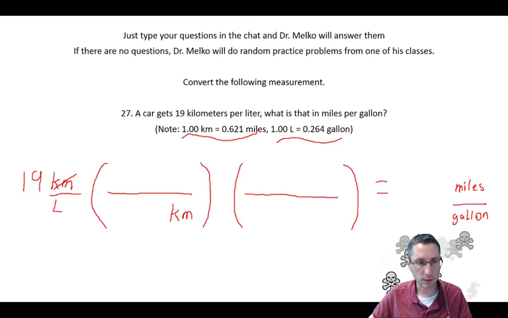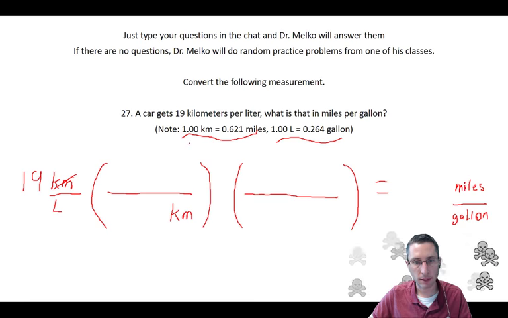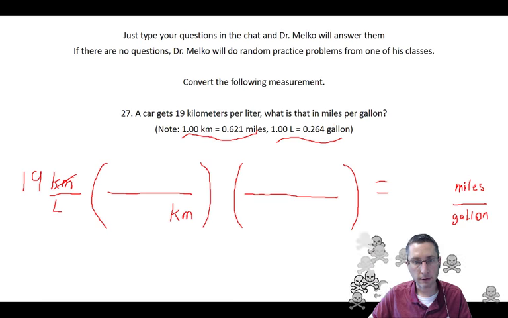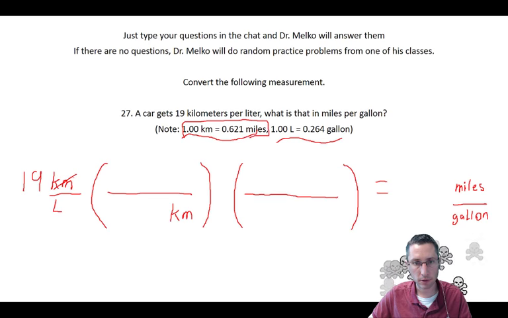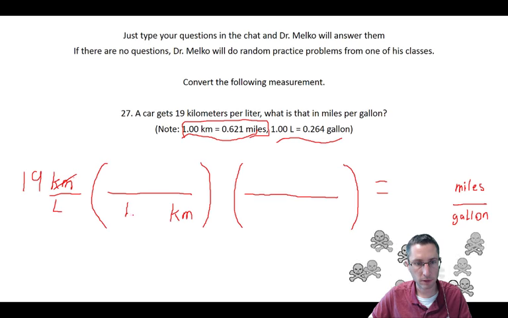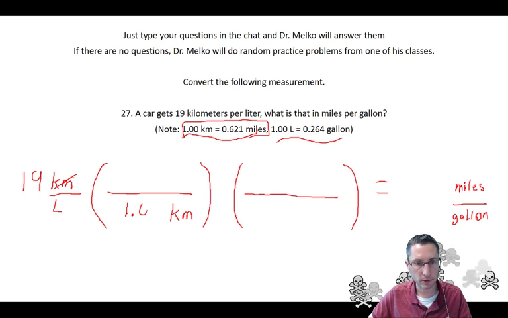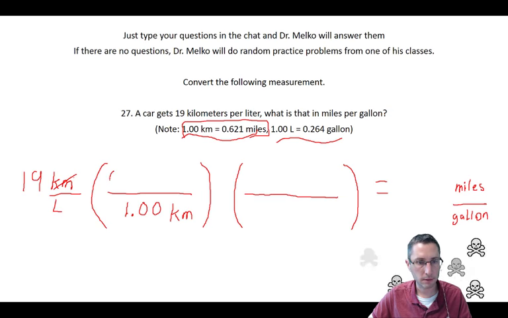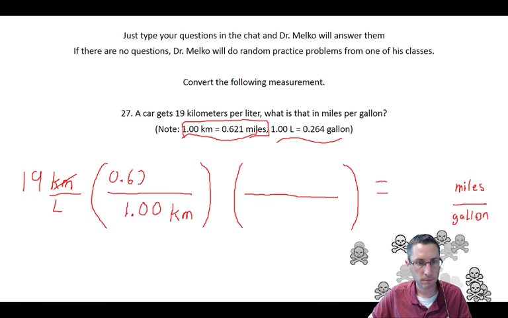So that's step one: I'm just going to try to get rid of kilometers. What in my unit equations relates kilometers to something? Well, this first one that says 1.00 kilometers, in 0.621 miles.